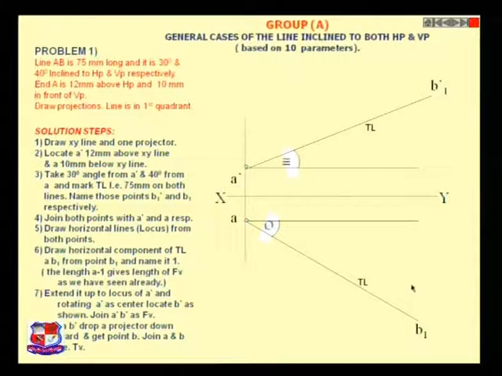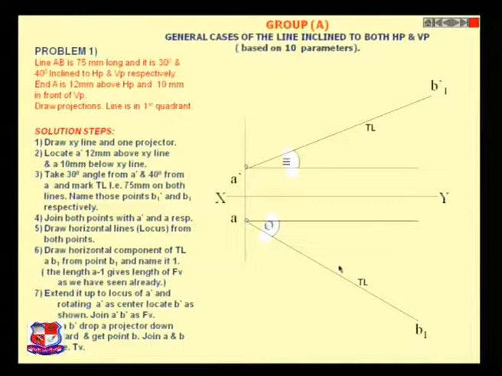Now what to do next? We have placed all these things according to the given data. Apart from this, we need to draw projections of this line, how the front view and the top view will look.